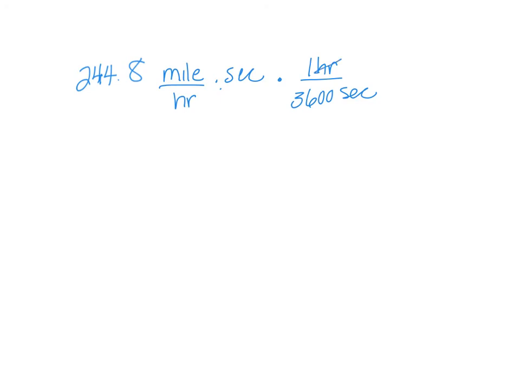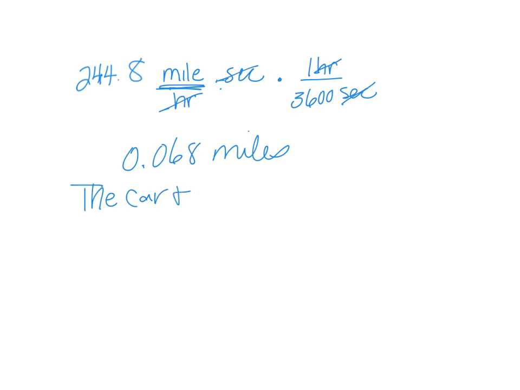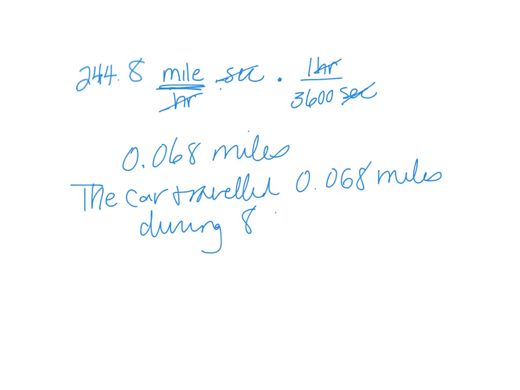All right, so the hour cancels with the hour, the second cancels with the second, and I end up with miles. So if you do 244.8 divided by 3,600, you get 0.068 miles. So therefore, the car traveled 0.068 miles during 8 seconds of acceleration. I really have nice handwriting, you can't tell here.